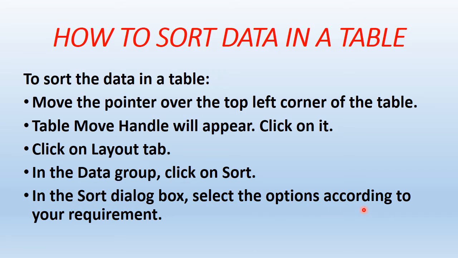First of all, you will keep the mouse pointer over the top left corner of the table. Then the table move handle will appear. Click on it and then click on the Layout tab. Then in the data group, click on Sort. Then in the Sort dialog box, you can choose your options.